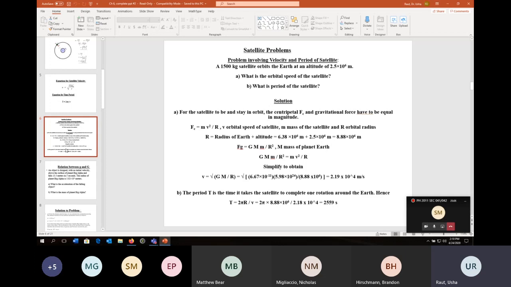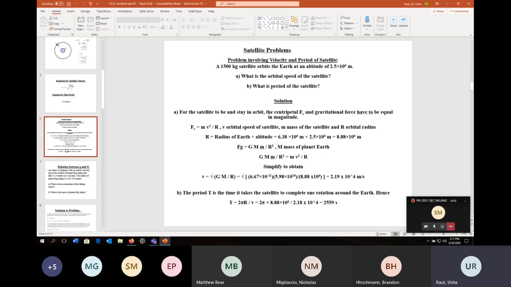It's pretty straightforward. The thing to note is that the R that you use for the orbit distance should actually be the radius of the Earth plus the altitude. That's one common mistake, because the R is not the distance from above the surface, it's the distance from the center.